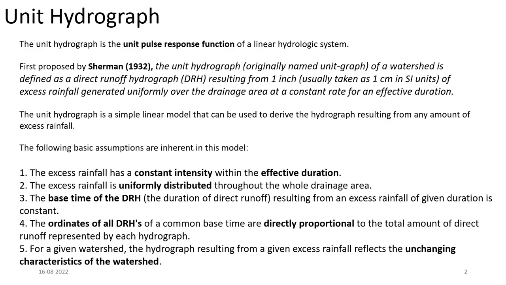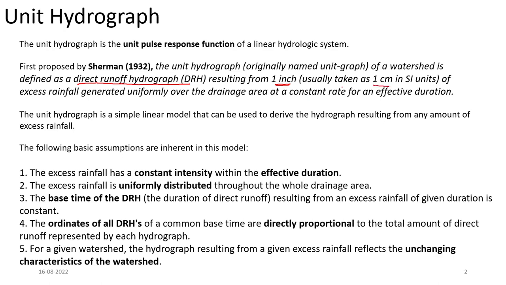Let's read this more formally. It was first proposed by Sherman in 1932. The unit hydrograph was originally named the unit graph of a watershed. We can define it as a direct runoff hydrograph resulting from, leaving aside the inches, since in the US they follow the FPS system but in India we follow the SI system.